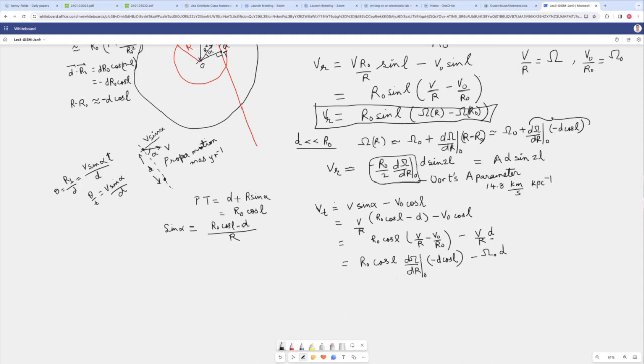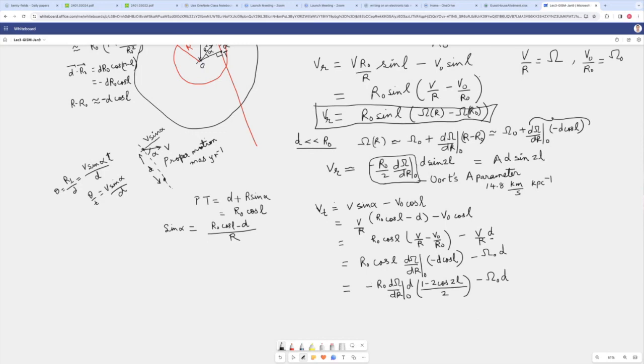Right, so this is equal to minus r0 d omega/dr times d cos squared l, and cos squared l is nothing but (1 minus cos 2l) divided by 2. Okay, and then minus omega naught d.